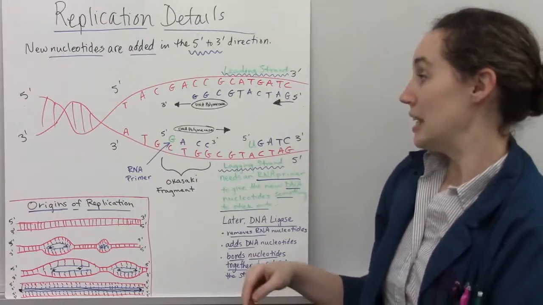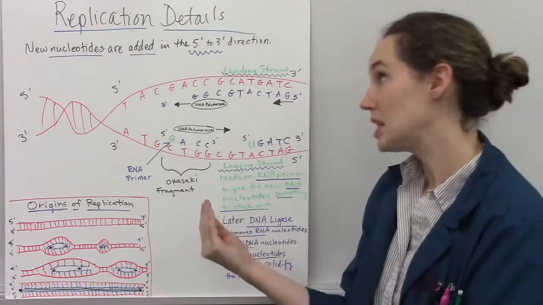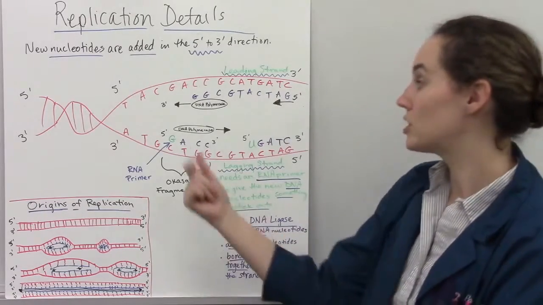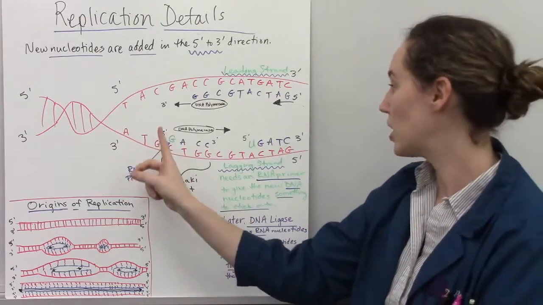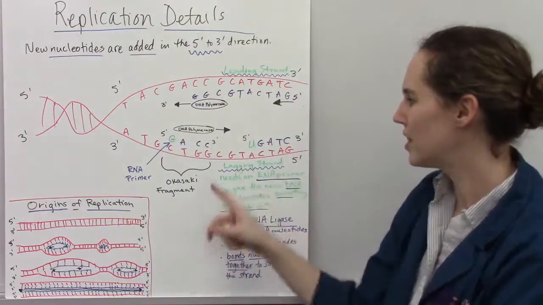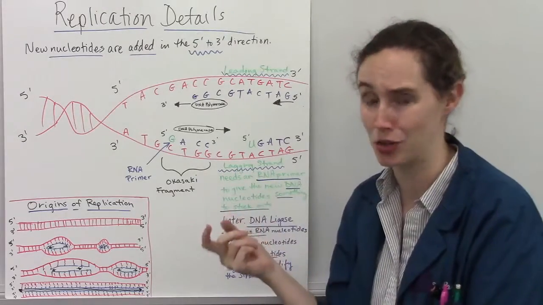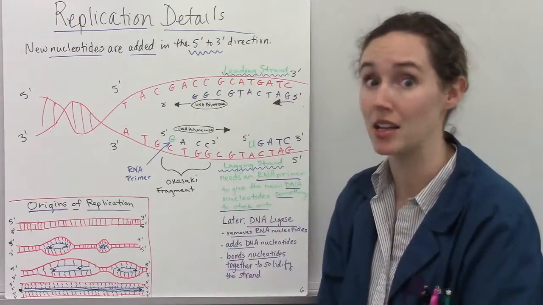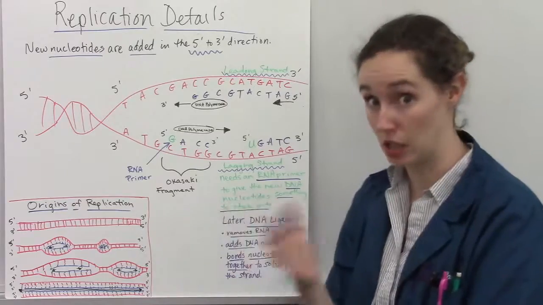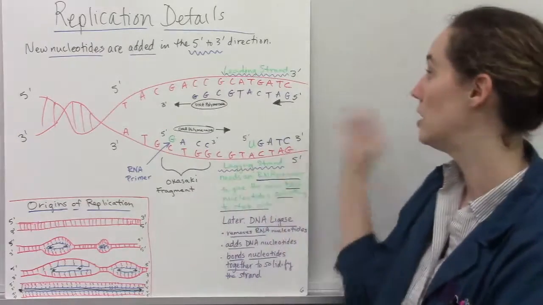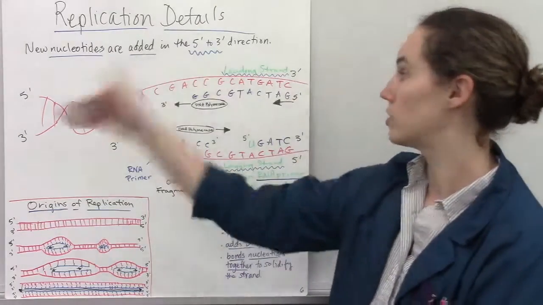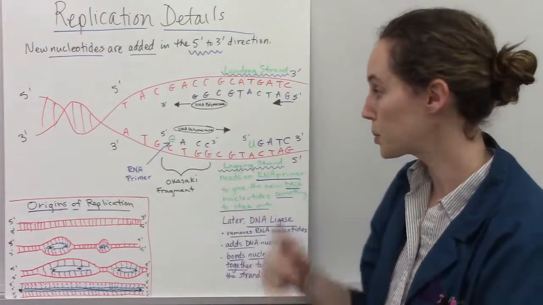All right. Now, on the other hand, we still have to go from 5' to 3', but this strand is actually called the lagging strand because the situation is a little more complicated, so it actually physically goes slower. It lags behind the addition of nucleotides in the leading strand.